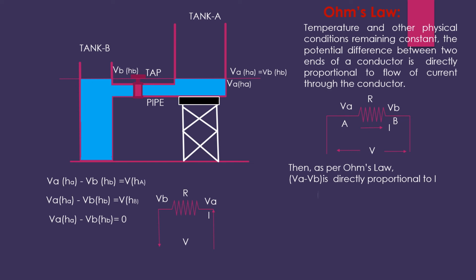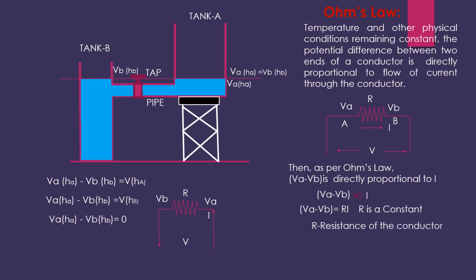That is, VA minus VB varies directly as I. So VA minus VB is equal to RI. R is a constant and the resistance of the circuit.